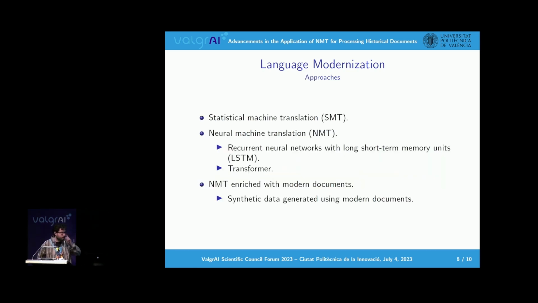So far, we have been working on this with different approaches: classical statistical approaches with phrase-based models and neural machine translation, mostly using LSTMs and the original transformer, and generating synthetic data, since one of the main problems with historical data is the scarce availability of data usable for training.